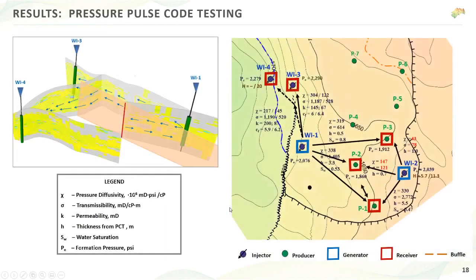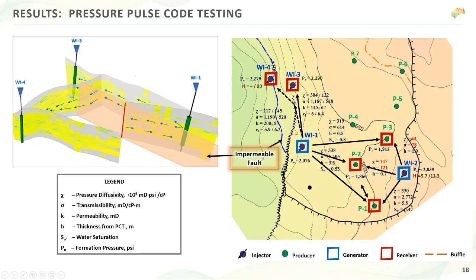Okay. So these are raw results of the pulse code testing, transmissibilities, diffusivities, but in terms of the results and recommendations, here is what we actually saw. Here in the west of the reservoir, we see that this fault is in fact impermeable.